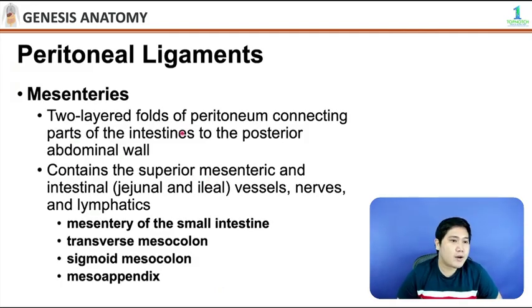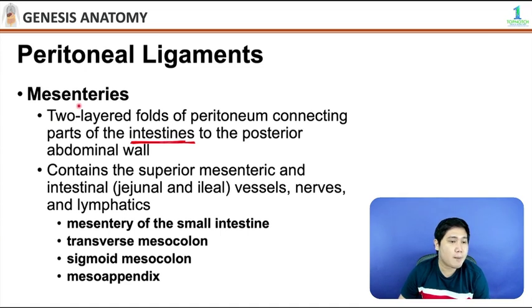So aside from the omentum, we also have mesentery. Mesentery is the name if you are referring to a fold of peritoneum that connects the intestine to the posterior abdominal wall. If we are referring to the intestine, it's mesentery.